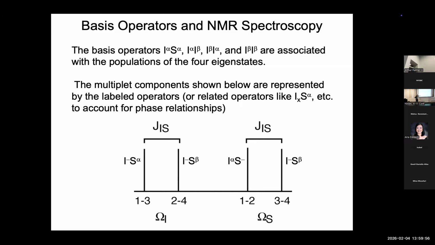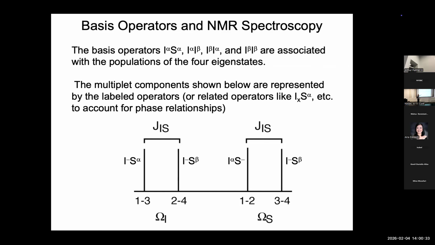And then this line, which line is which depends on the sign of the J couplings and the gyromagnetic ratio. So which way is which is a little tricky. I'm going to pretend that I have positive gamma and positive J. So this line here represents coherence between the alpha alpha state and the beta alpha state.